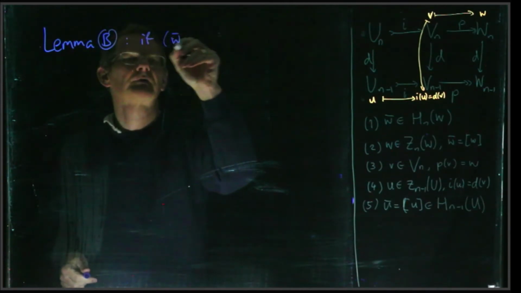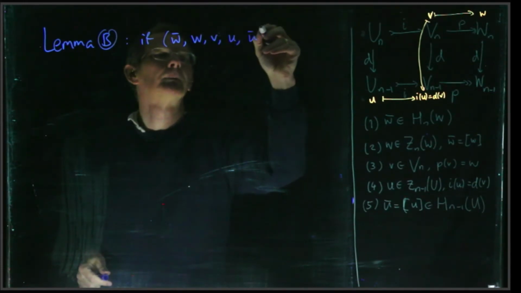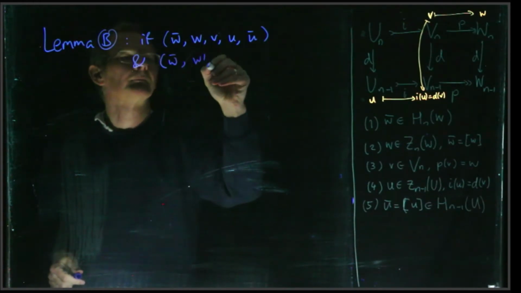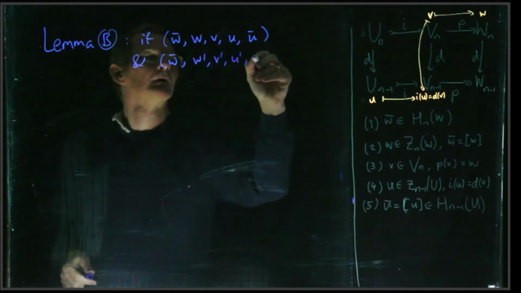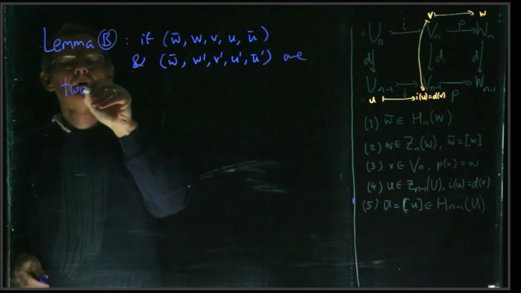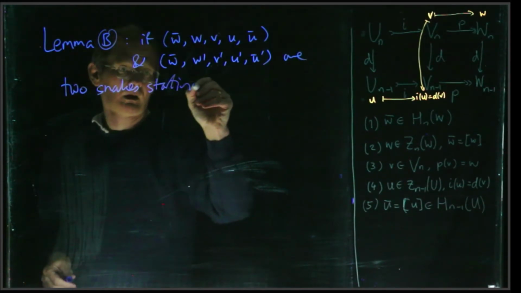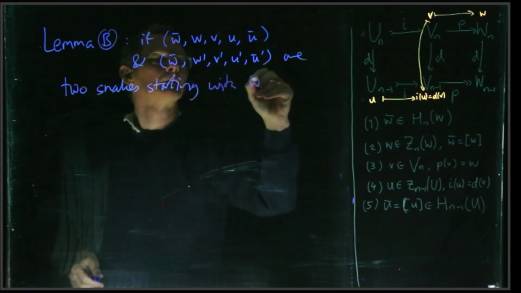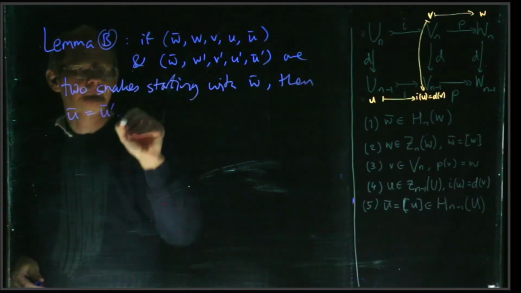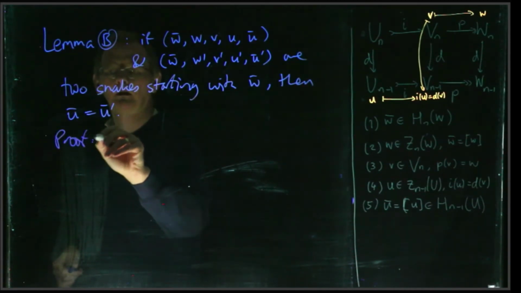So that says that if w bar, w, v, u bar and w bar, say w prime, v prime, u bar prime are two snakes starting with w bar, then the endpoints u bar and u bar prime are the same. And the proof of that is that we can just subtract.